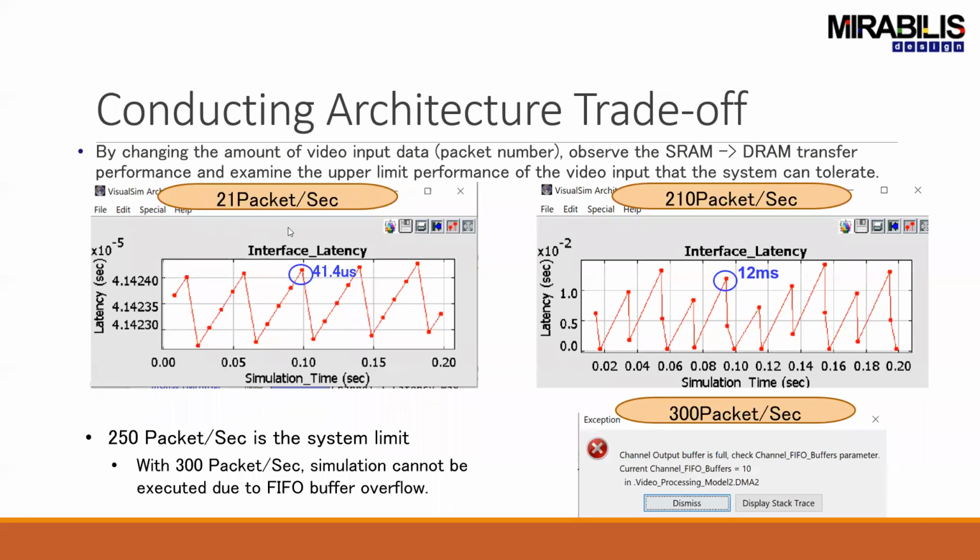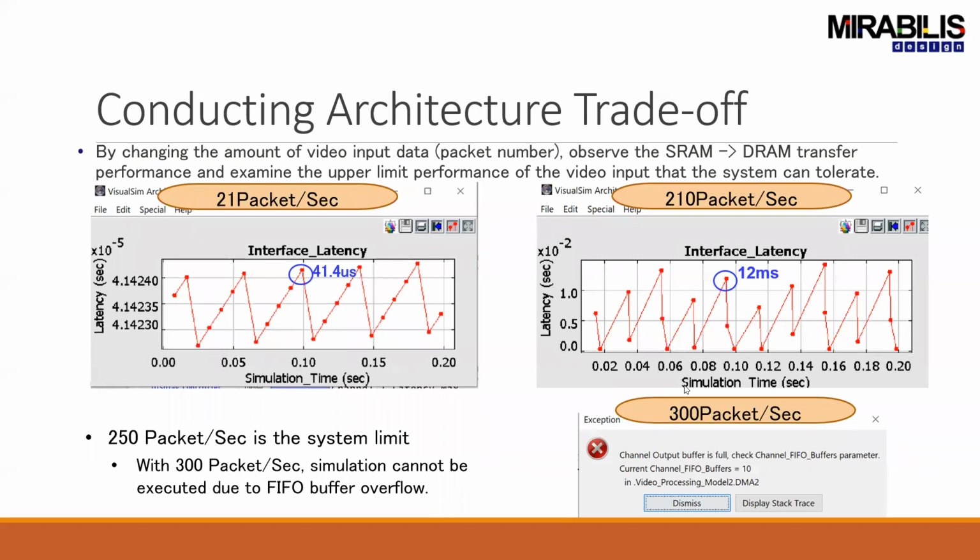With 21 packets per second, we get around 41.4 microseconds as the peak latency. When we made a 10x increase in the number of packets, that is 210 packets per second, we got around 12 milliseconds as the peak latency.